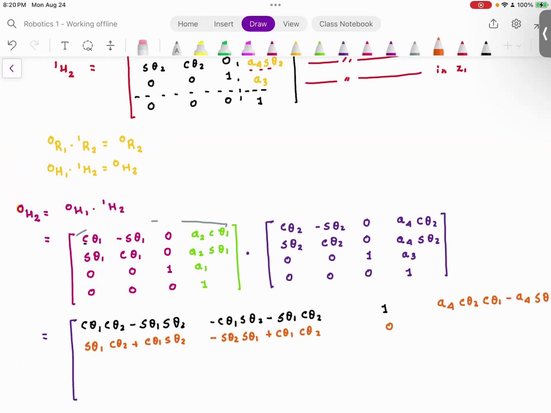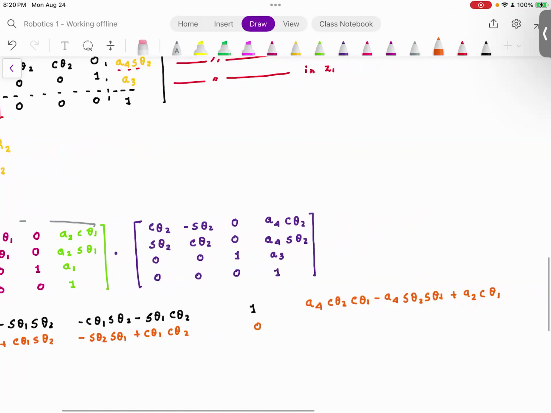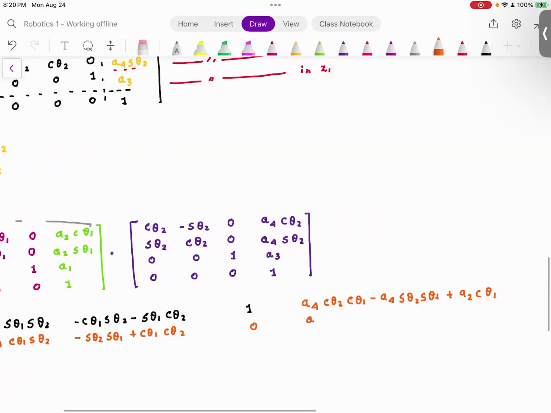I get 0, and then here I'm going to get A4 cosine theta 2 sine theta 1, and make sure I'm not making any mistake. Then plus A4 sine theta 2 cosine theta 1 plus A2 sine theta 1.